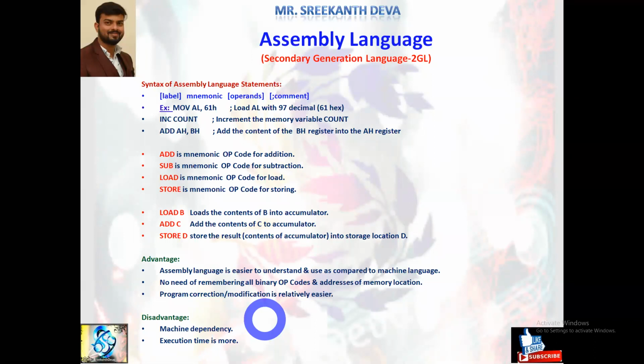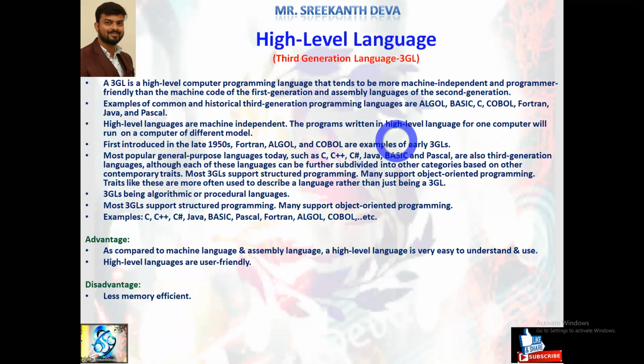Some disadvantages: an assembler is required to translate the instructions written in assembly level language into machine language, or machine understandable language. Assembly level language is still machine dependent, because an assembly language program is specific to a particular machine. So this is about second generation languages, called assembly languages. Here one language translator is required, that is the assembler, converting assembly language into machine code.